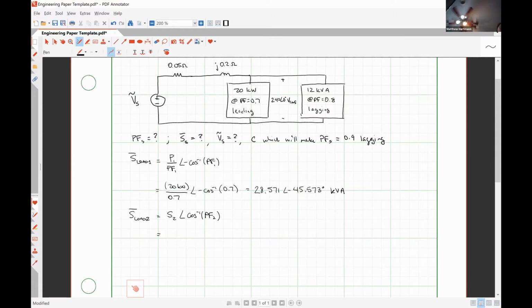So from this, we're going to have 12 kVA angle positive inverse cosine 0.8.